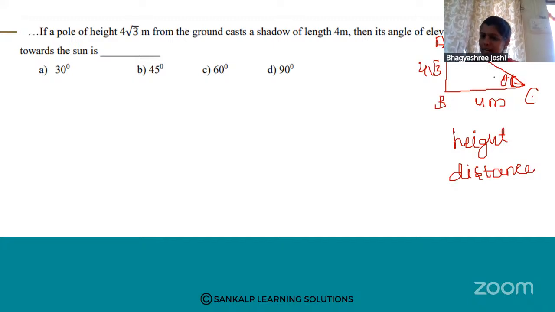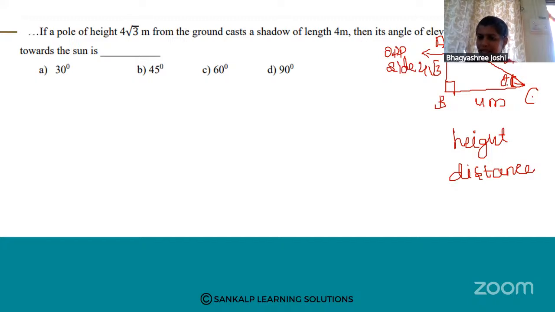My dear students, see here it makes a 90 degree angle. The side opposite to the 90 degree we call the hypotenuse. Next, the side opposite to theta we call the opposite side.